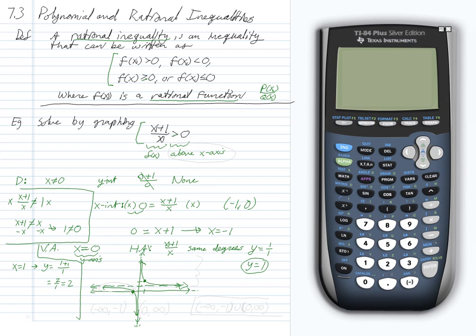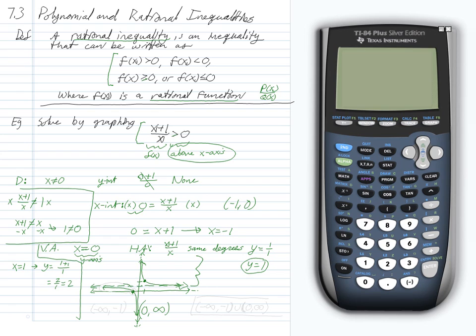And now I get to pick out which parts of it I like. I like stuff that is above the x-axis strictly, not on it, not below it, but above it. And this piece that's above the horizontal asymptote certainly satisfies. So everything from 0 to infinity, not including 0, remember we can't even plug 0 in, so it definitely isn't part of the solution.